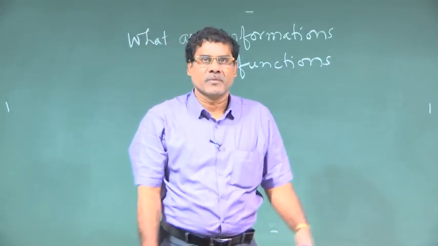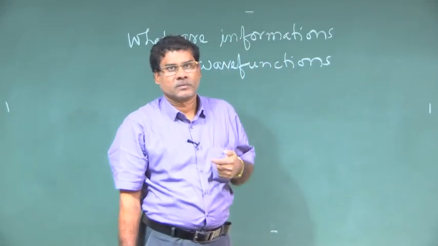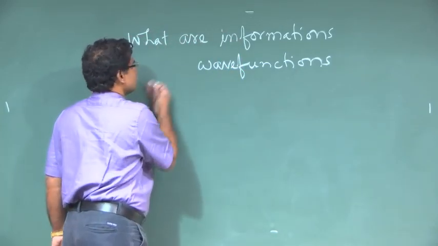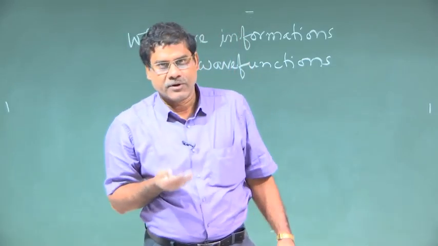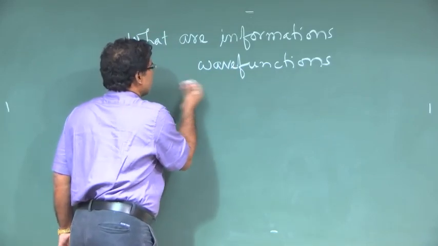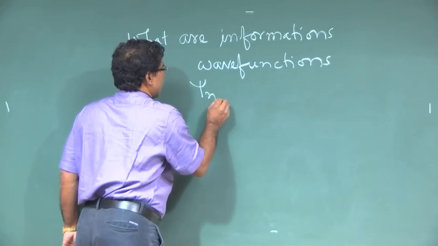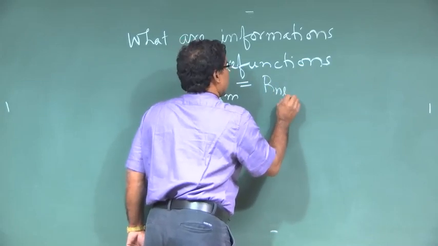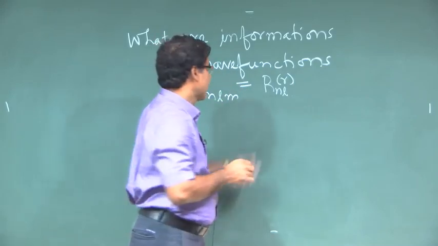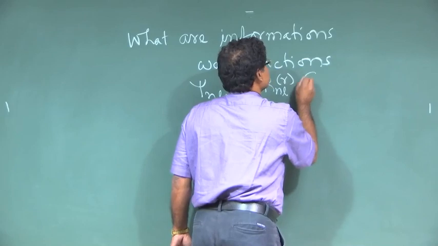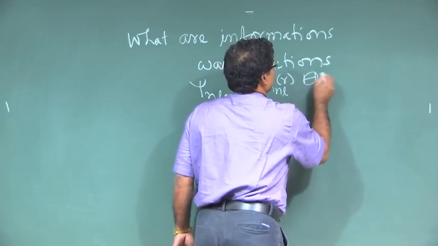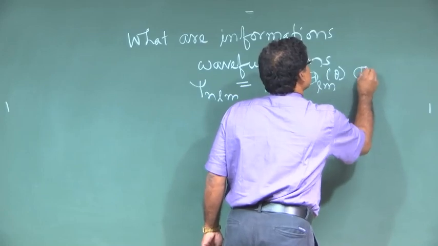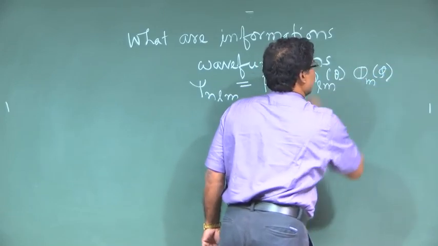So, from solving the Schrodinger equation for the hydrogen-like atom, we have basically got the eigen equation, where the eigen function psi n l m is in terms of R n l, a radial part, and the angular part, theta l m, and a function of angle phi.